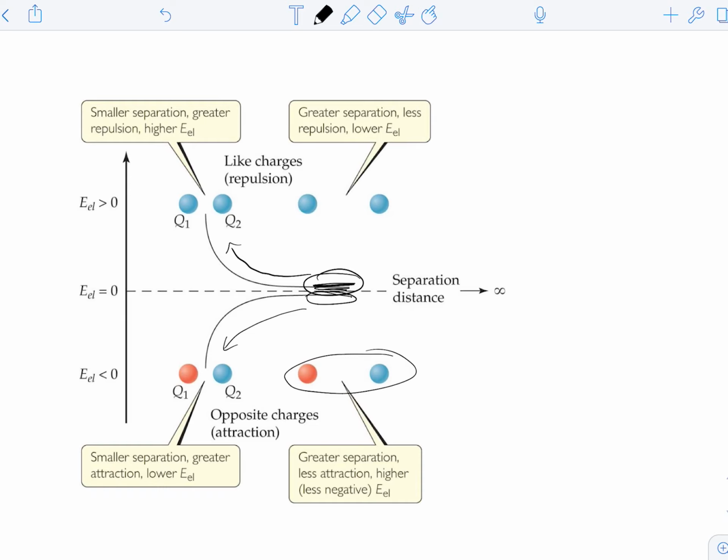Okay, so our potential energy itself is going to be proportional to the magnitude of our charges and the distance between those, right? The greater the magnitude, whether positive, negative, or positive and negative, the potential energy, whether it is a positive or negative effect, will be greater, and then the smaller the distance, the greater that potential energy.